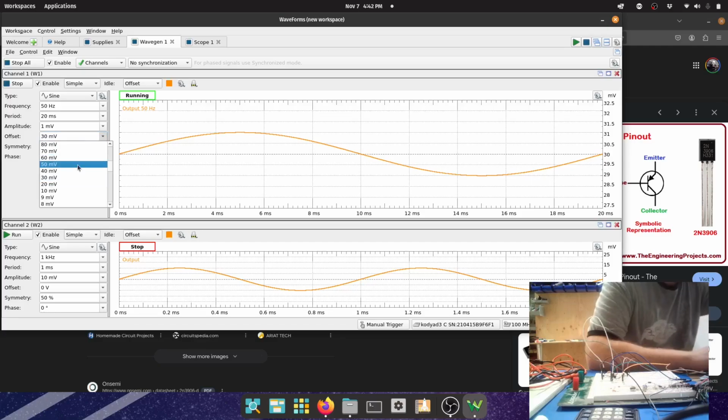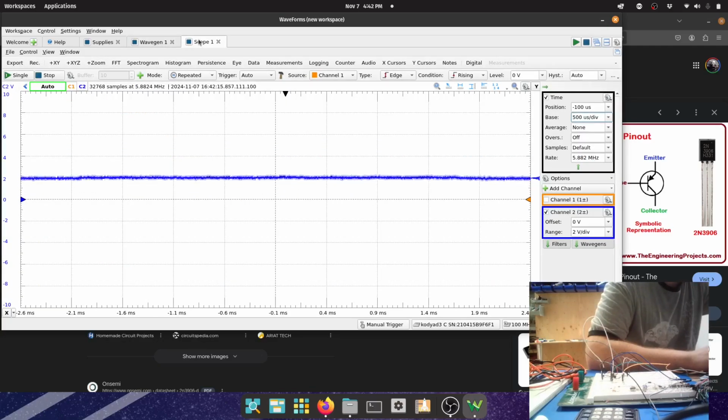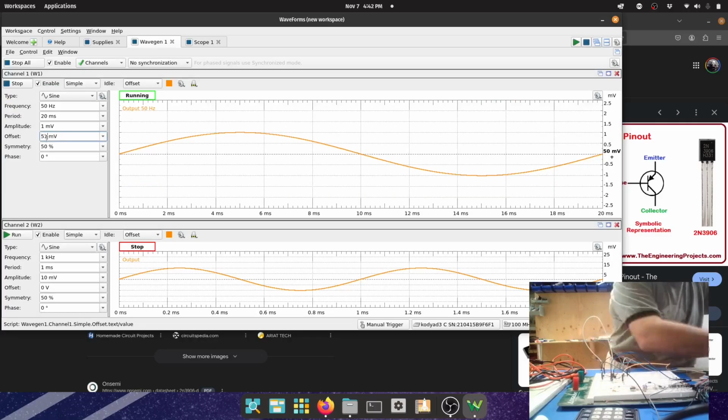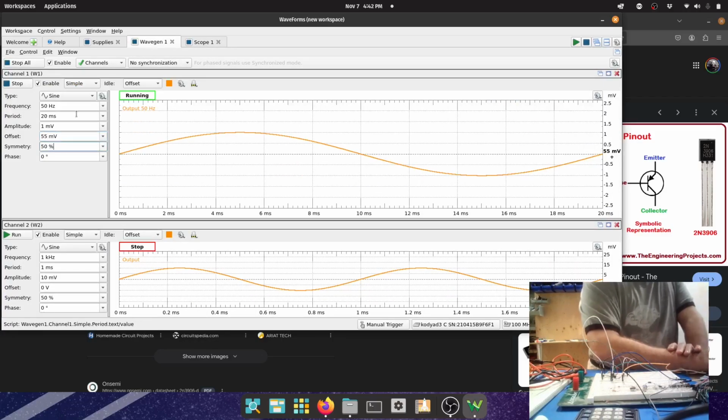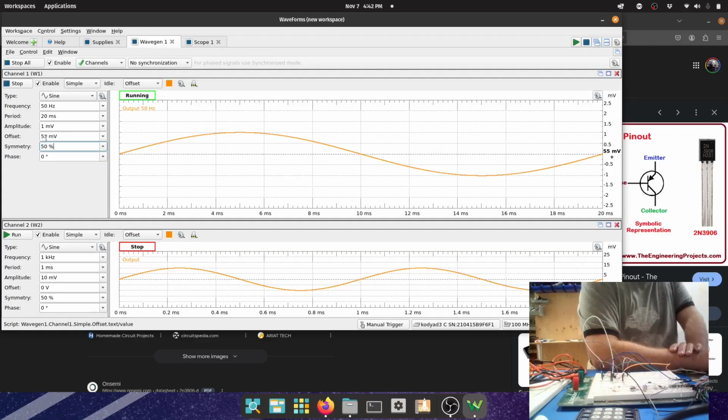So basically, the gain is very high. Very high. Because, oh, see, I slammed it down too much.